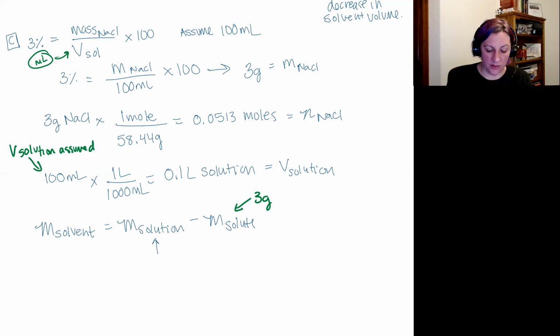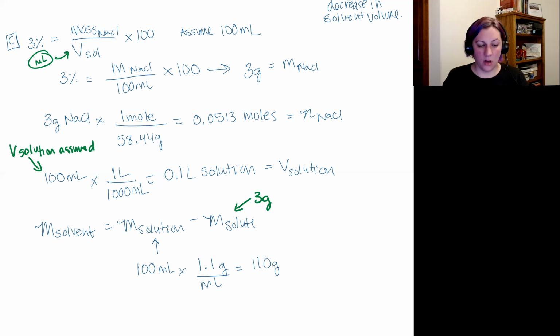So I'm going to start with that 100 milliliters that I assumed in the beginning, and multiply that by my density that was given in the problem. That will give me 110 grams of my solution. And so I will then take that and subtract my solute from that. So my 110 grams minus my 3 grams gives me a mass of my solvent that is 107 grams.